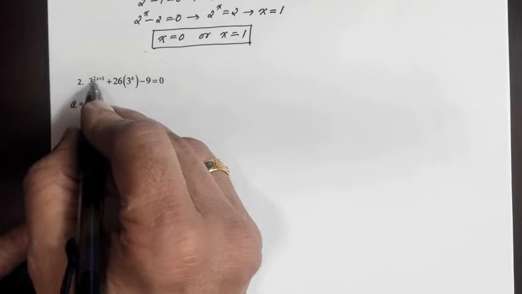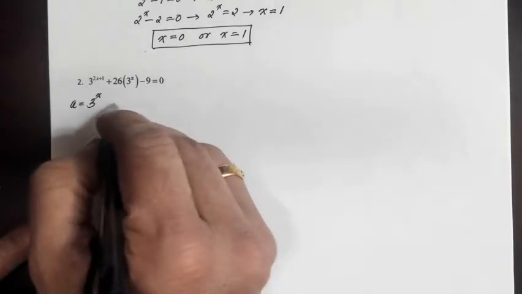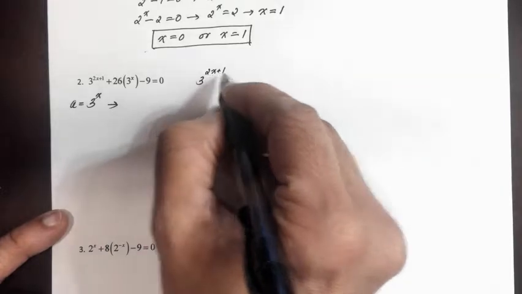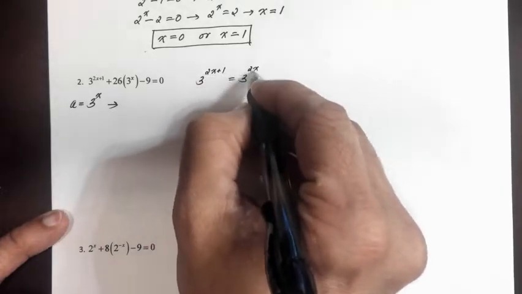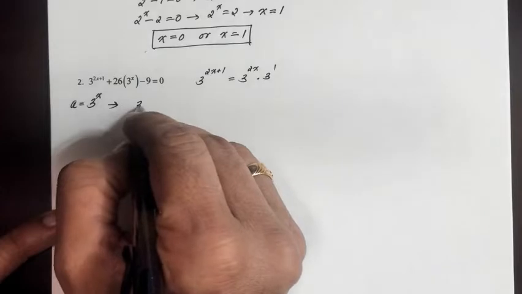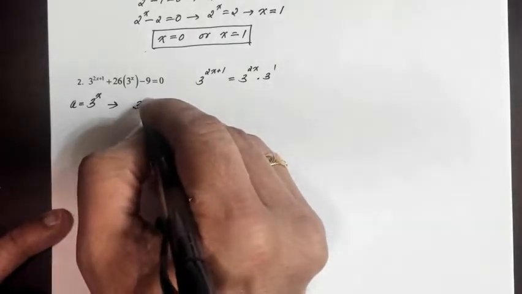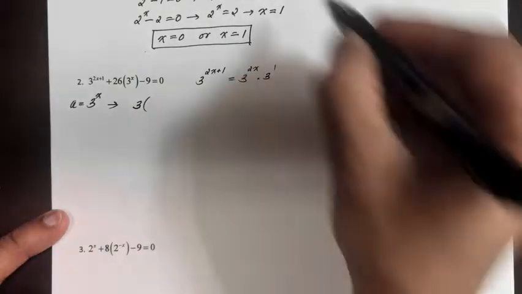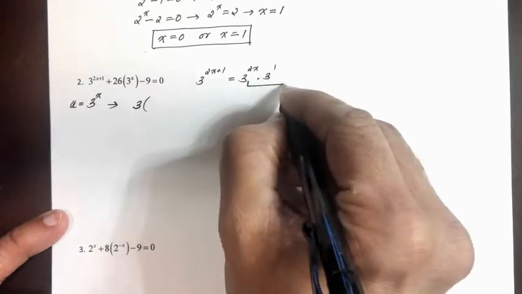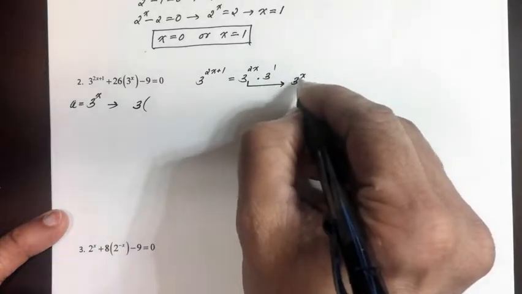So 3 to the power of 2x plus 1 is 3 to the power of 2x times 3 to the power of 1, so that 3 right here taken out, 3 times, and this part right here, like we did in the previous example, that is going to be 3 to the power of x squared.